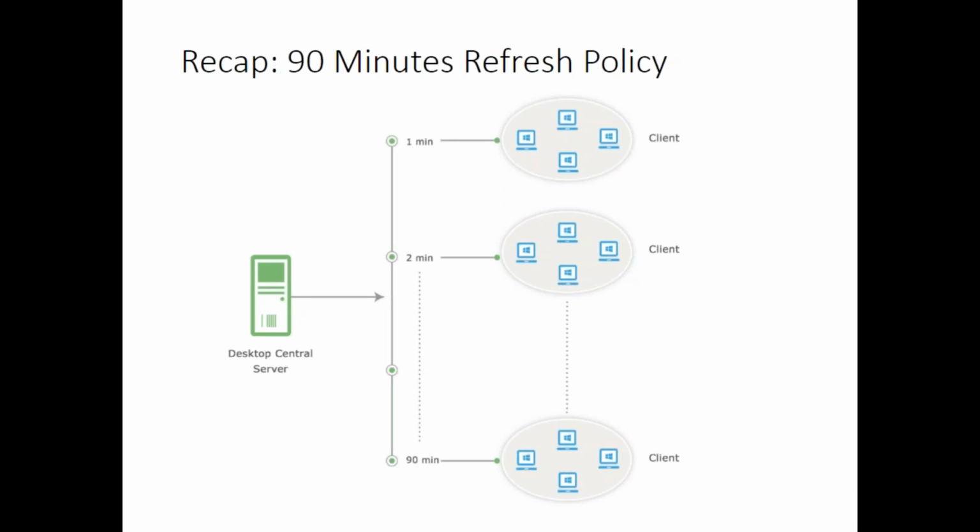All the agents contact the server once in 90 minutes, which is known as the agent refresh interval. The agents communicate with the server at this frequency. This is to ensure two important factors.